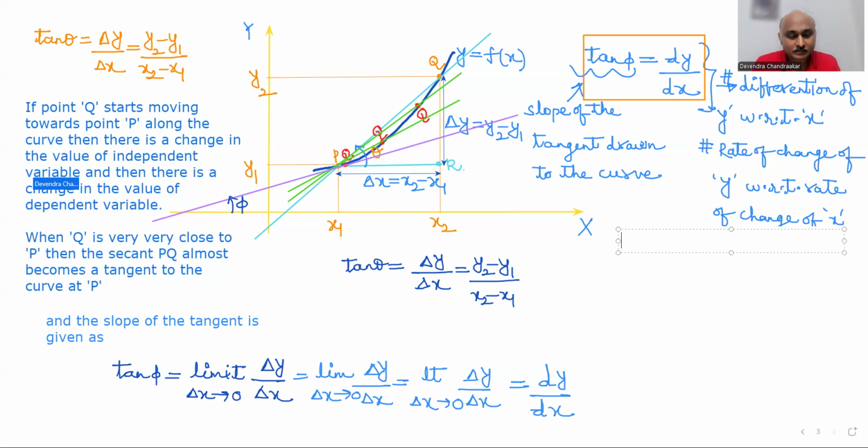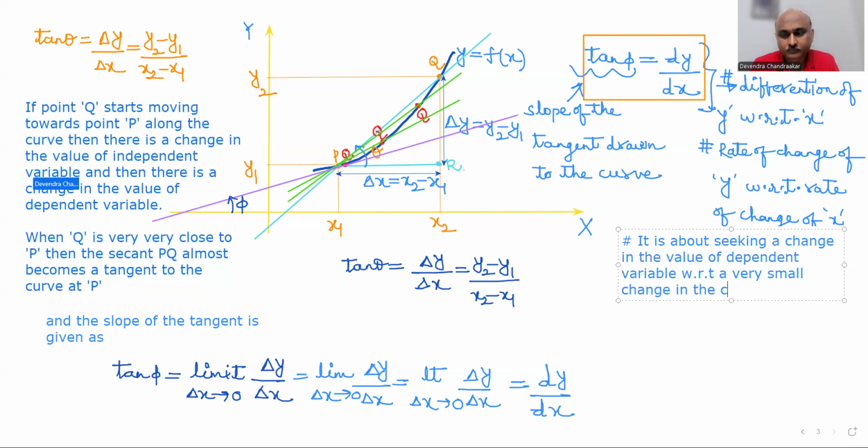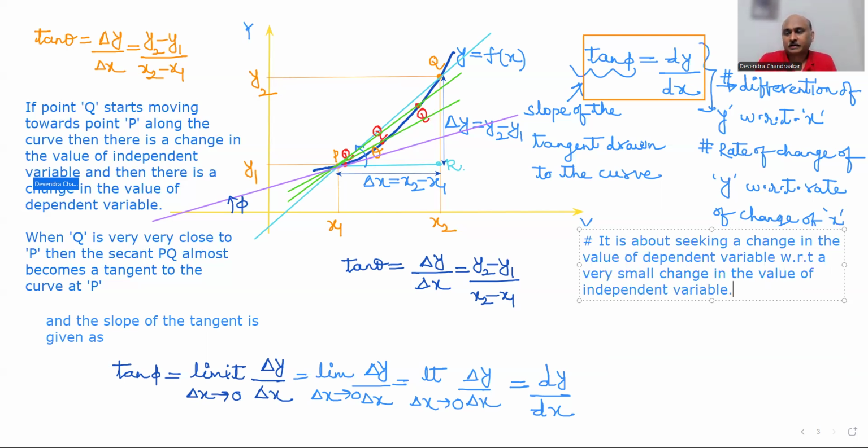Whatever we are doing here is about seeking a change in the value of the dependent variable with respect to a very small change in the value of the independent variable.